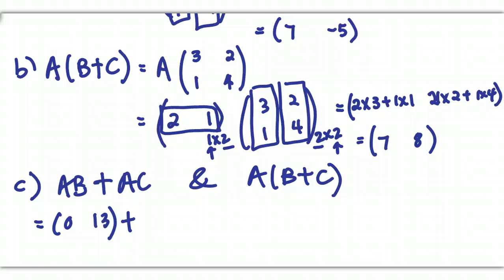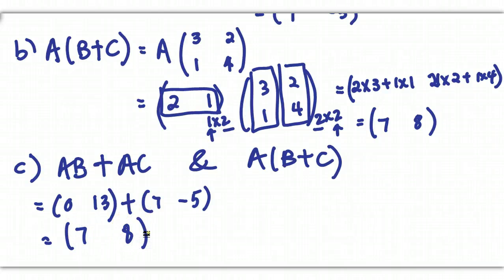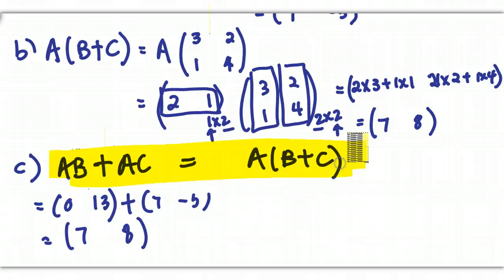AC we worked out is 7, negative 5. And indeed, you get 7 and 8. So we can state the relationship as AB plus AC is equal to A times B plus C. And this operation applies for all matrices.